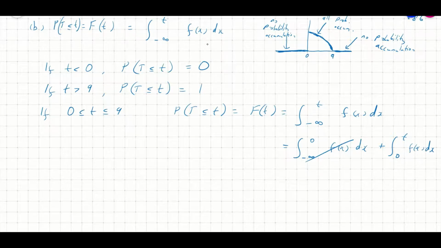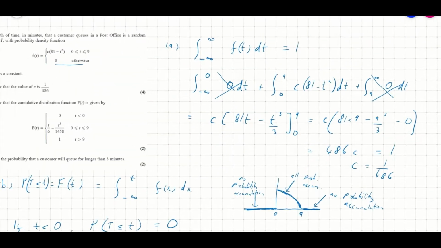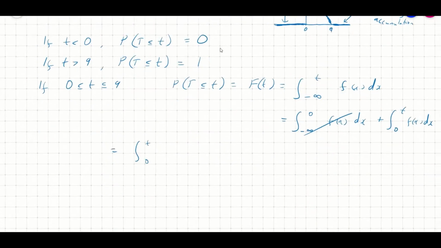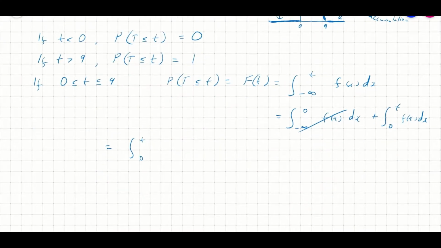Well, between 0 and t, from the first part, this is the integral between 0 and t of, well, we already had this value, it's c(81 minus t squared). So we now want to put an f(x). This is c, so that's 1 over 486.